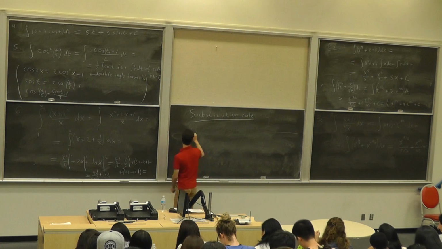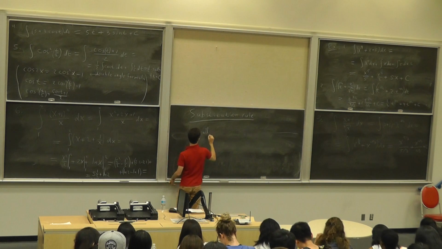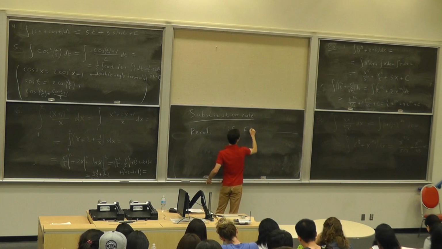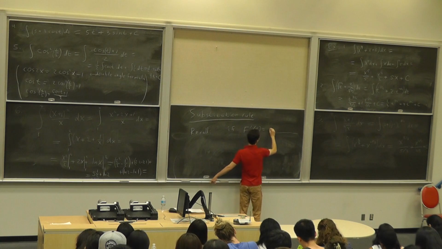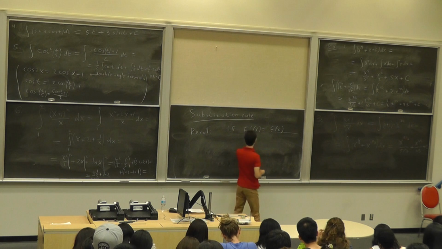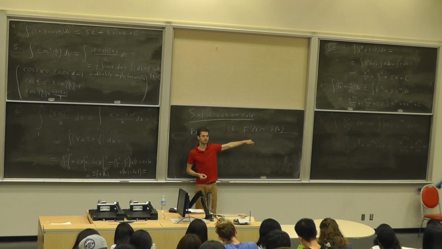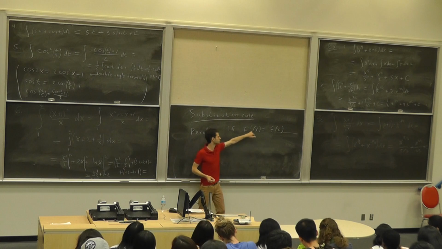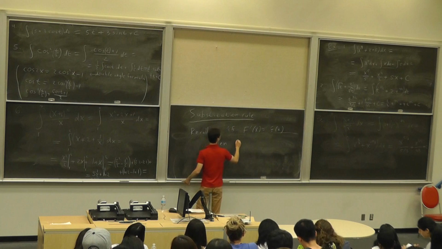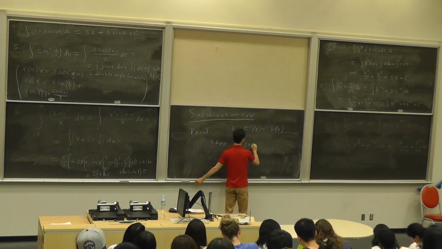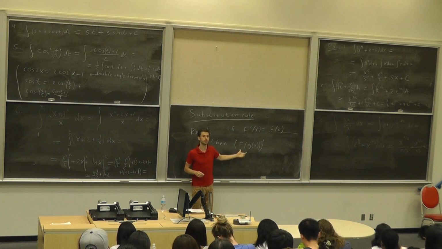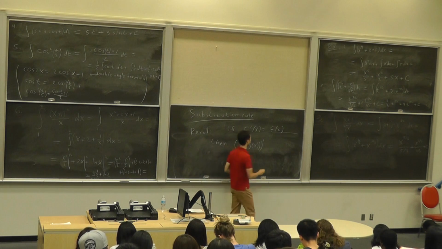So recall the chain rule. If you know the antiderivative of f, or if you found the function F whose derivative is f, then you can try to differentiate the composite function F of g of x.